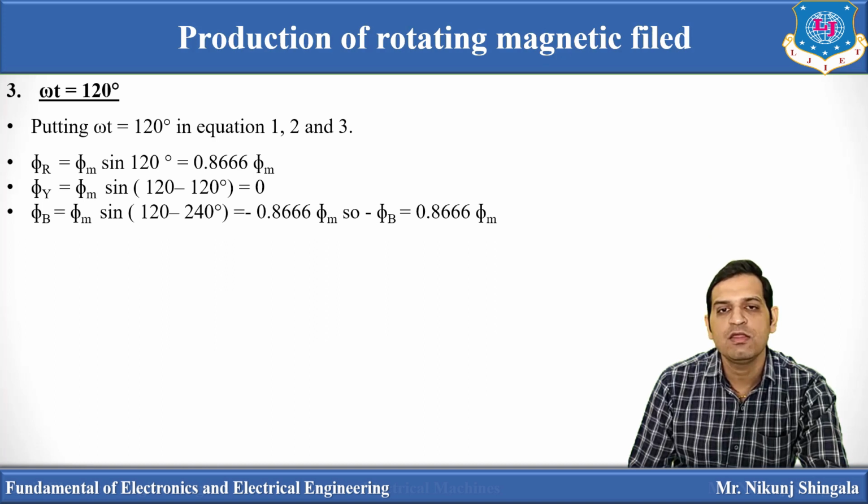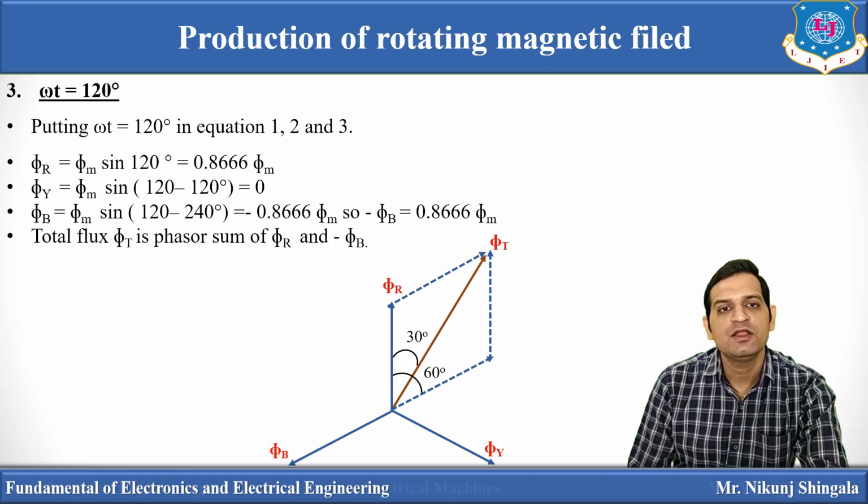So minus phi b is equal to 0.866 phi m. Now the resultant flux phi t can be found using the phasor sum of phi r and minus phi b. So phi r is there, phi y is 0 and phi b is also there.